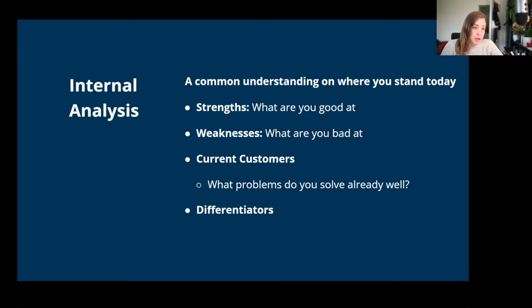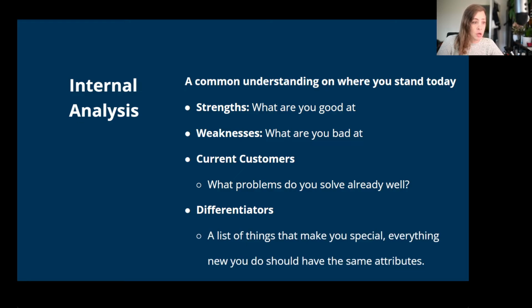And here's a very important one. Based on the strengths and the weaknesses and where you want to go in the future, there are differentiators. The differentiators are a list of things that make you special, and everything that you want to do should have the same attributes. This can be a little bit future-oriented. So let's say we want to be extremely good in support, but we're not there yet.